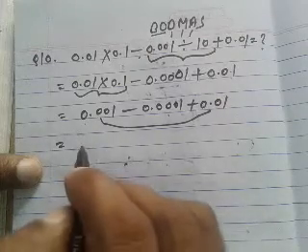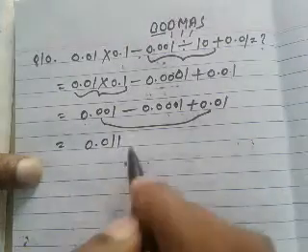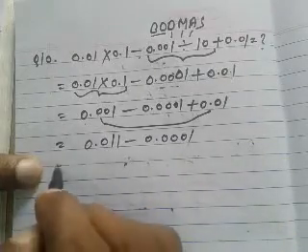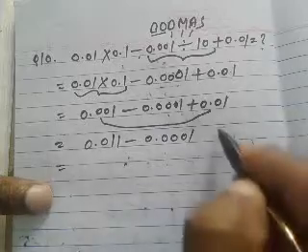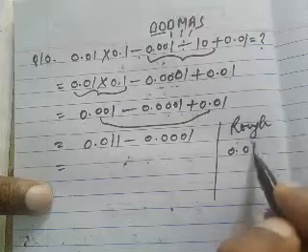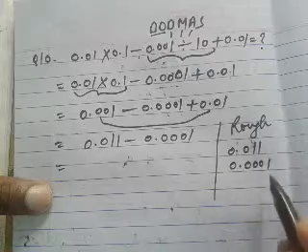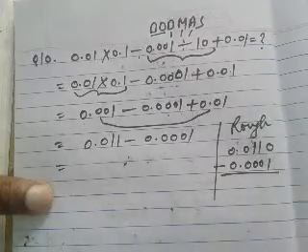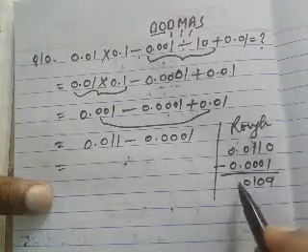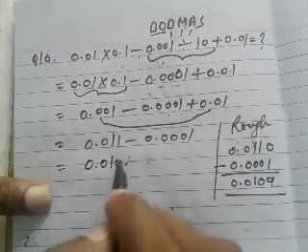So after addition, what we will get is 0.011 minus 0.0001, and then we subtract. Now do your rough work here. 0.011 minus 0.0001, after subtraction, applying 0 here, we will get 0.0109, so the final answer is 0.0109.